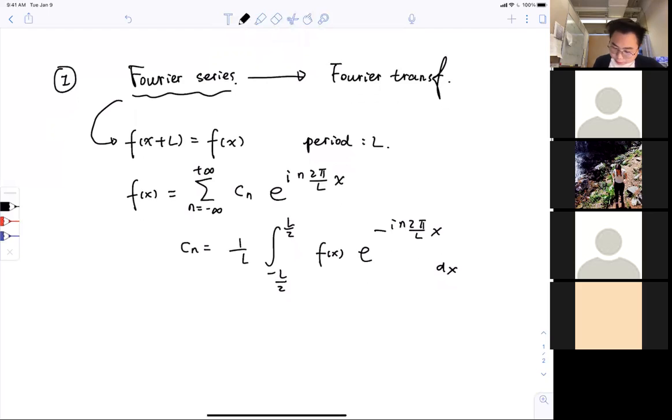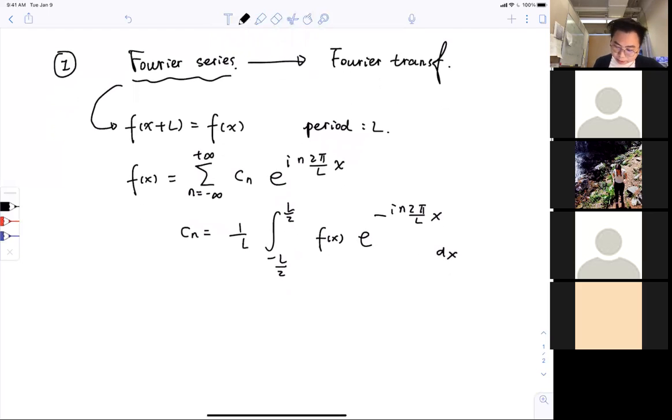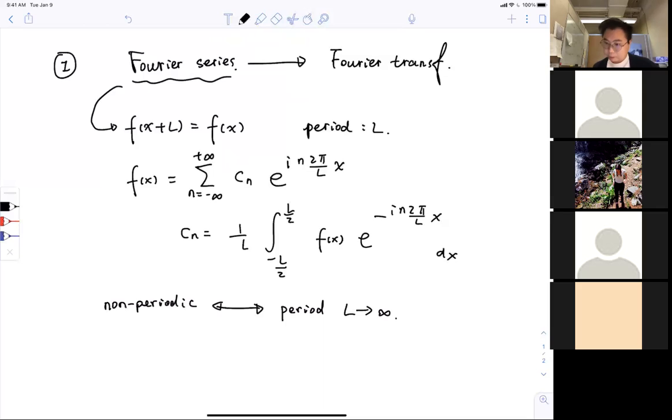How about the Fourier transformation? Fourier transformation is for non-periodical function. Non-periodical meaning that it's equivalent to say the period is infinite, right?